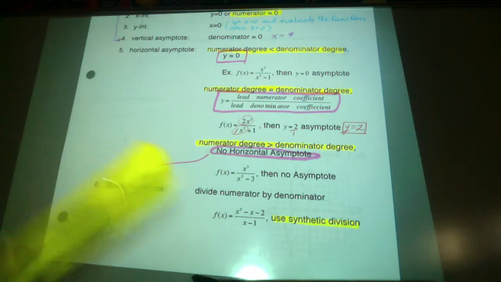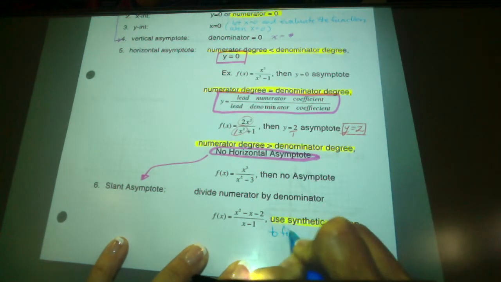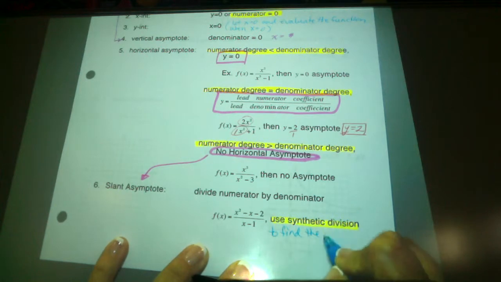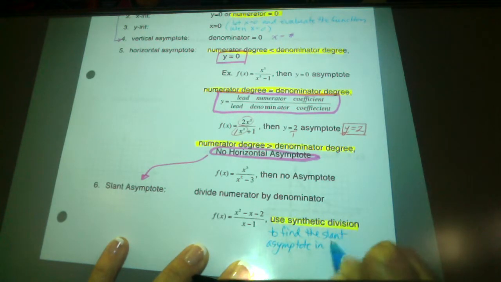So there's a slant asymptote, which means that it's going to be a diagonal line. If it's a diagonal line in the coordinate grid, how do we graph lines? What form are they in? y equals mx plus b, right? So you're going to use synthetic division to find the slant asymptote in the form of y equals mx plus b.